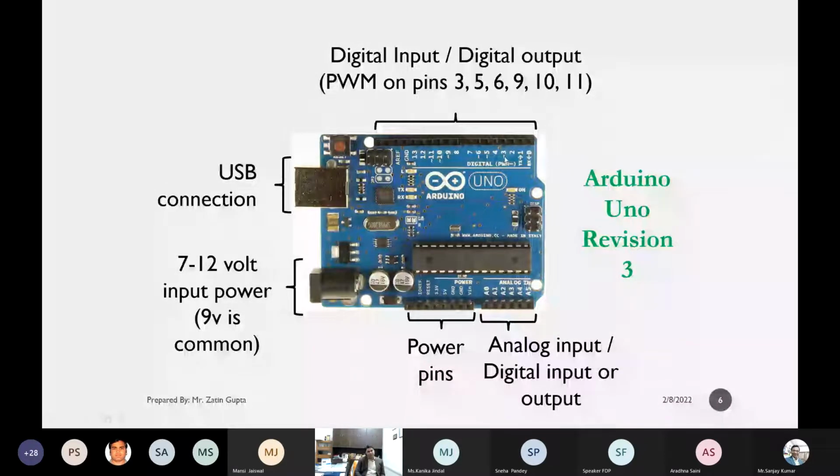In the digital port, there are 13 pins. Out of these 13 pins, a few pins are PWM, that is pulse width modulation. By the use of PWM, we can interface motors. If we need to interface a servo motor, then the limitation is that the servo motor can be connected only on a PWM pin.